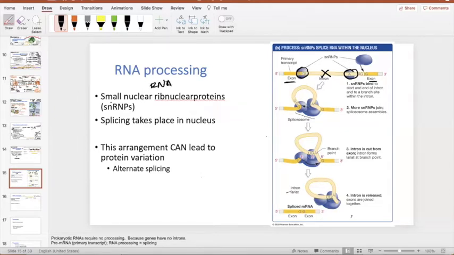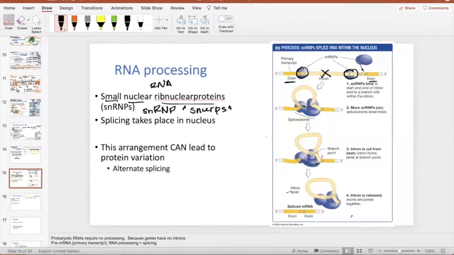And so they are called small nuclear ribonuclear proteins, which is a terrible name, but we in molecular biology abbreviate this as SNRPs. Small nuclear ribonuclear proteins, abbreviated SNRPs.